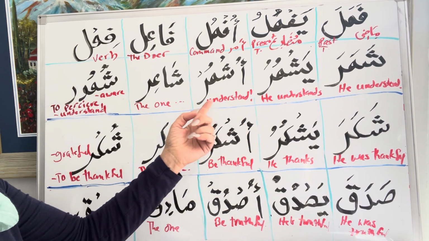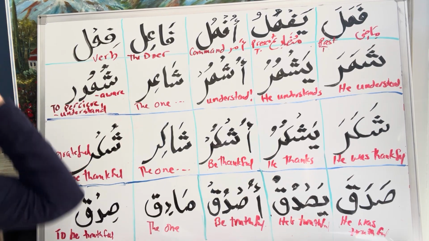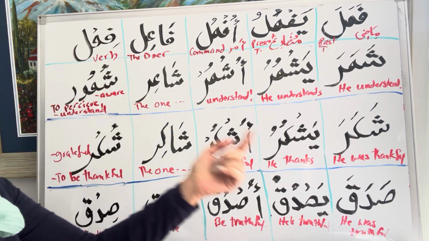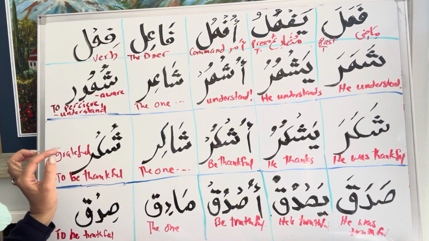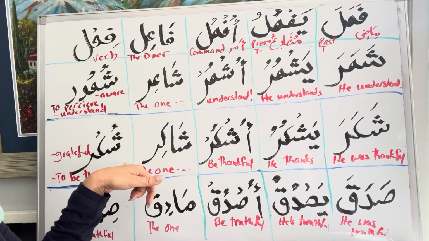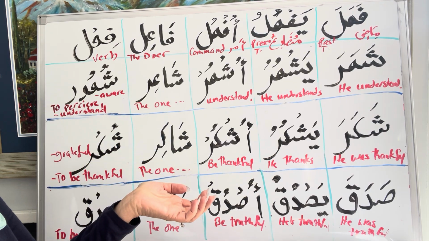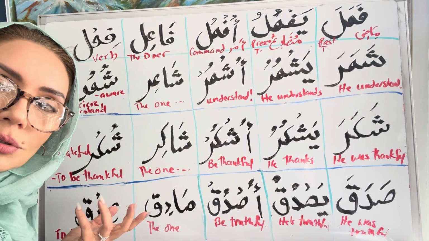Sha'ara, yash'uru, ush'ur, sha'ir, and then shu'ur, meaning to understand. And then we have shakara, yashkuru, ushkur, shakir, and then shukur. We say that on a daily basis. Hopefully we say this on a daily basis.